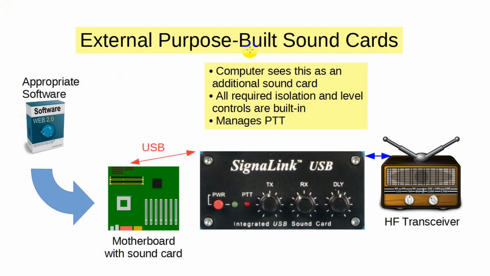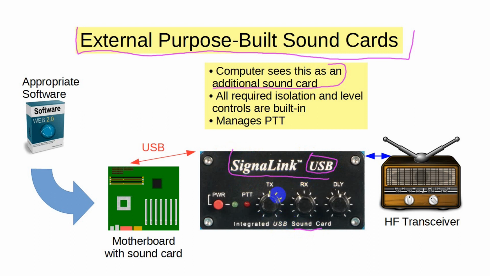The next step was a giant conceptual leap. Windows by this time could handle more than one sound card, so a company called Tigertronics created a USB-connected external sound card designed with digital modes in mind and called it the SignalLink USB. It had complete audio isolation and level control built in.